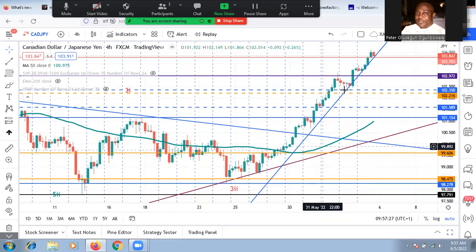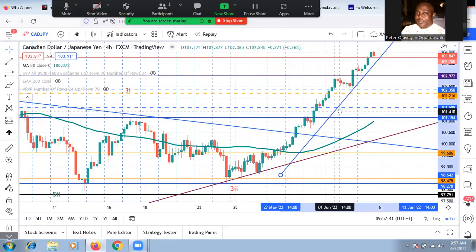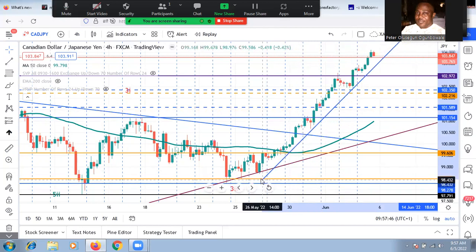Now, the inside of this wave is what we want to see now. For us to get it clearly, it's going to be like this, which is the 3rd wave from here.